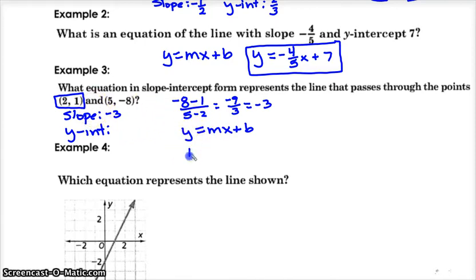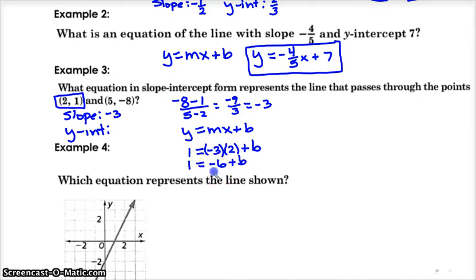If I plug in 1 for y, I plug in negative 3 for my slope, I plug in 2 for x, the only thing left is b. So I'll solve this equation for b, and that'll tell me my y-intercept. So 1 equals negative 6 plus b.